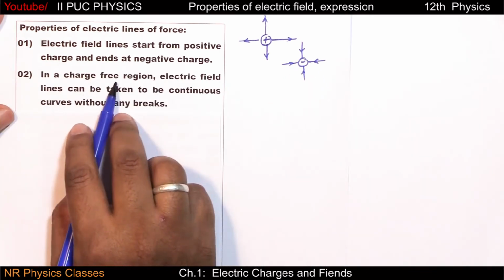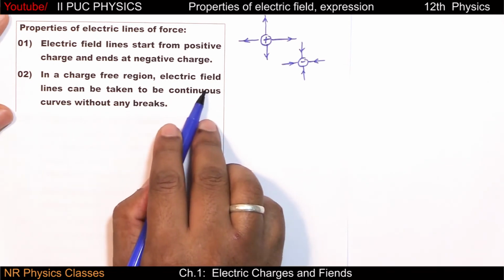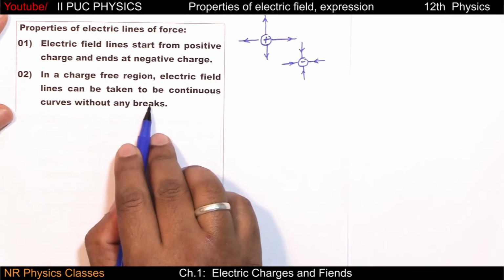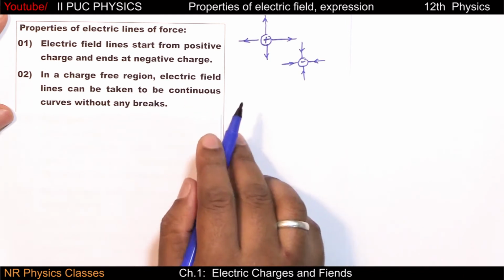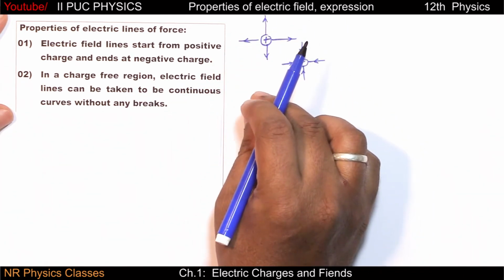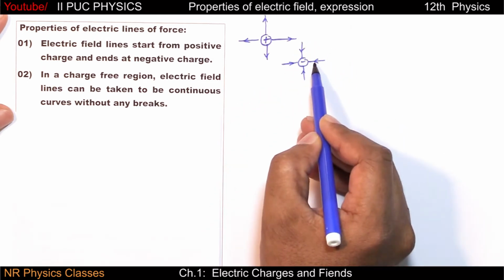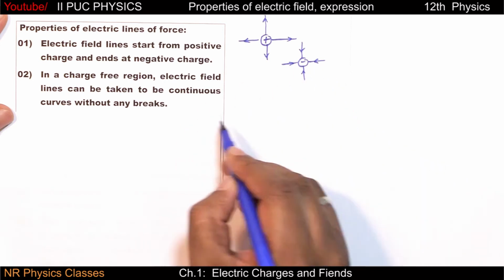In a charge free region, electric field lines can be taken to be continuous curves without any breaks. Charge free means there should not be any other stray electric charge. In that region, it is continuous without any breaks.